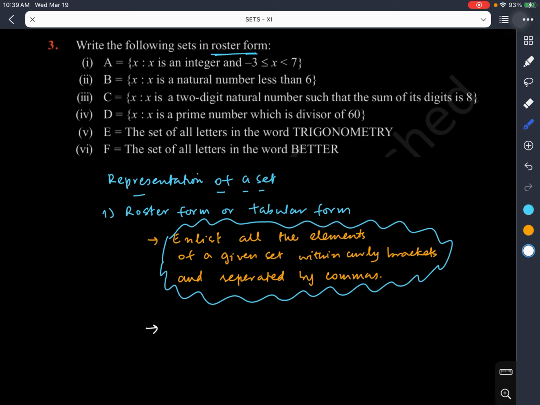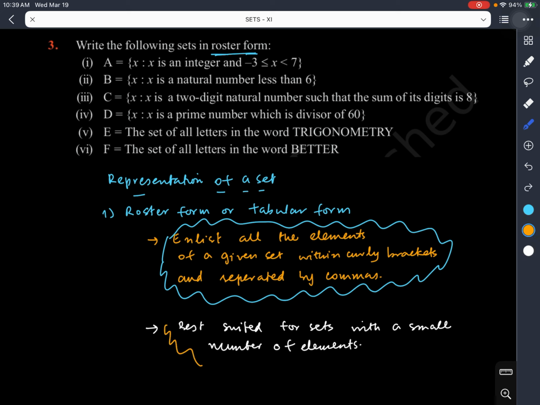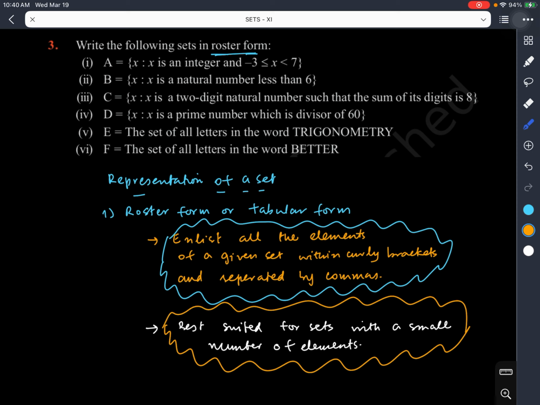Point number 2 to be noted is that this form is best suited for sets with a small number of elements or objects. So roster form is best suited for sets with a small number of elements.